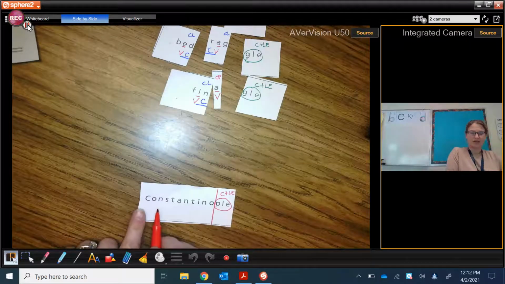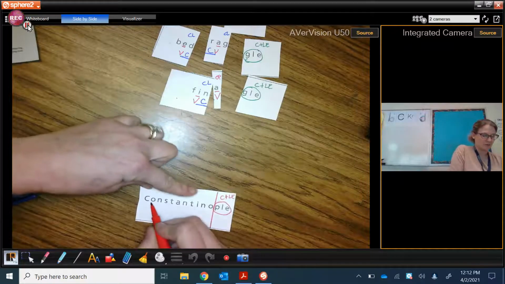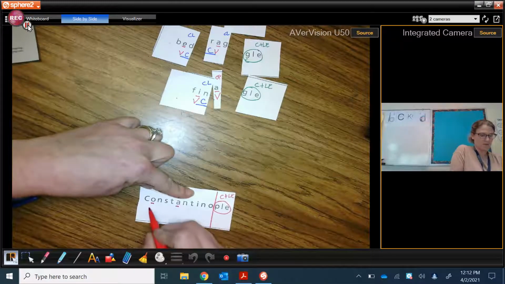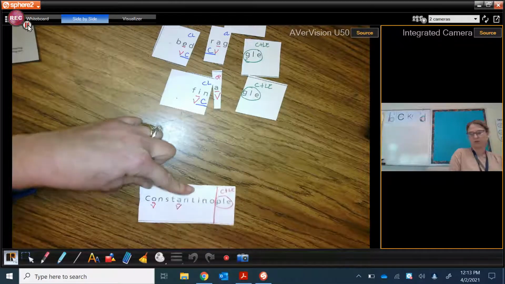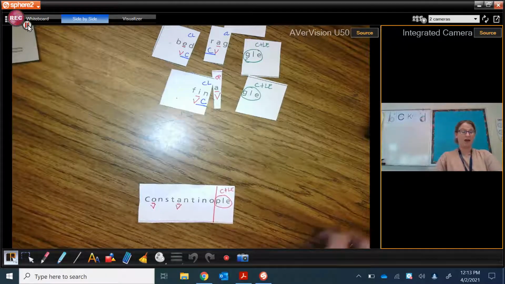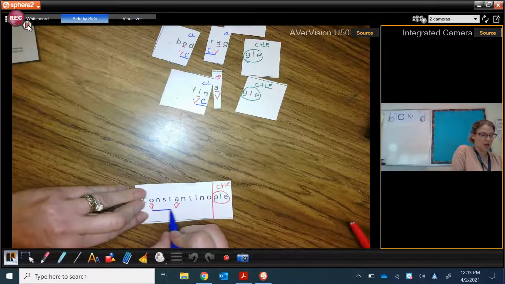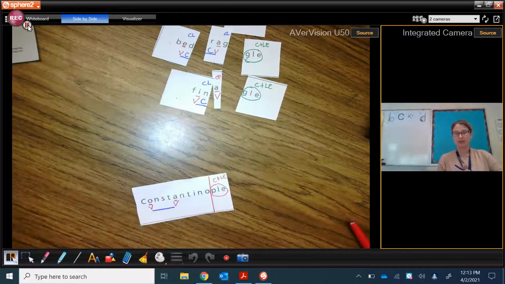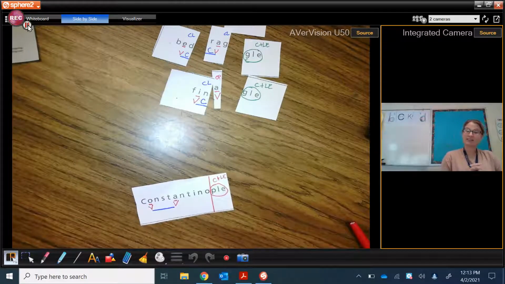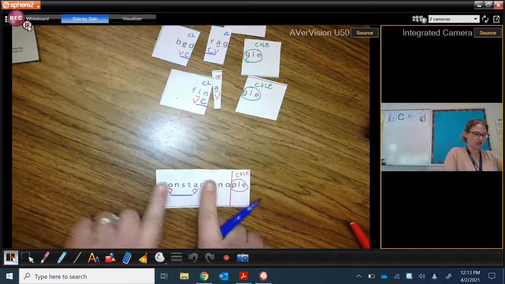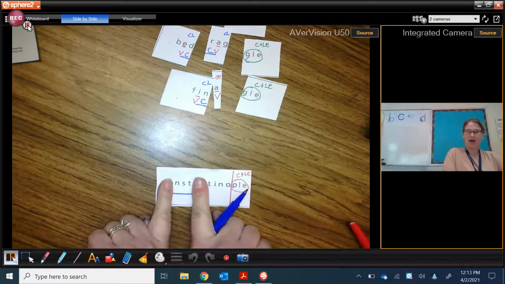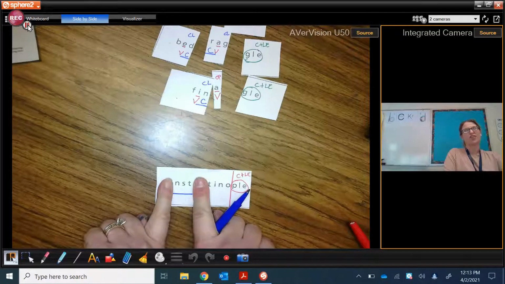Go to the very beginning. Find the first two vowels. Mark just your first two vowels. After our vowels, what do we do? Draw a bridge. Vowels, bridge, consonant split. Looking at my bridge between the two vowels, how many consonants are there? 3.